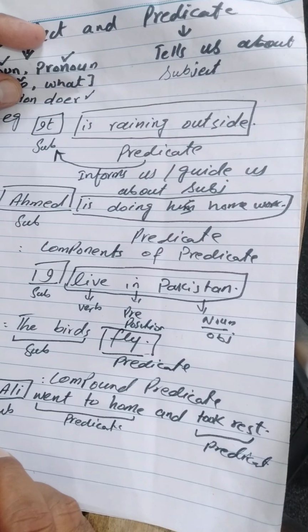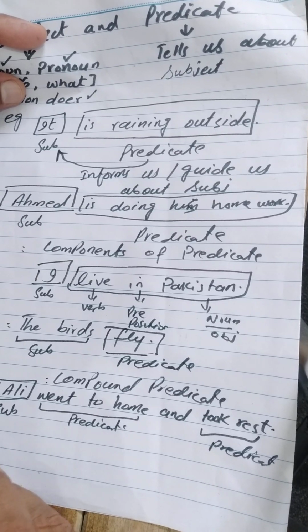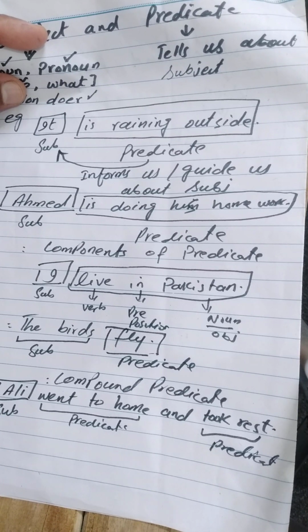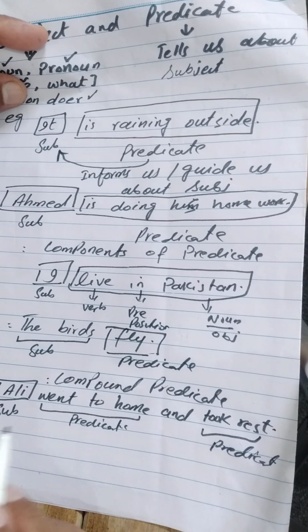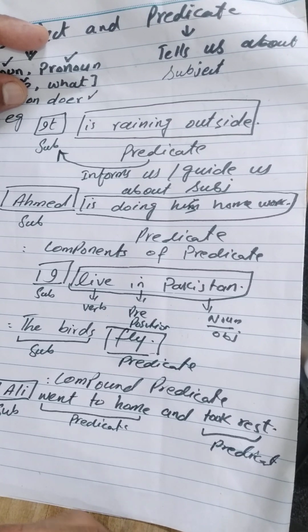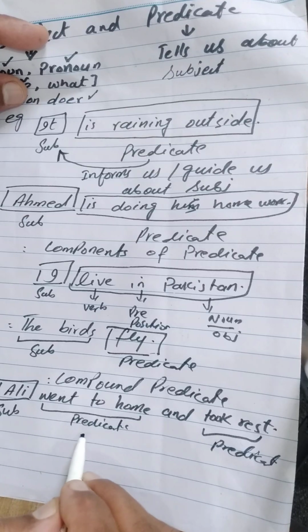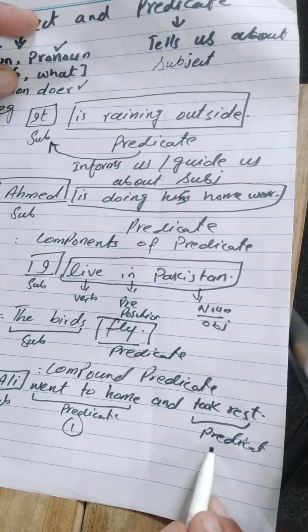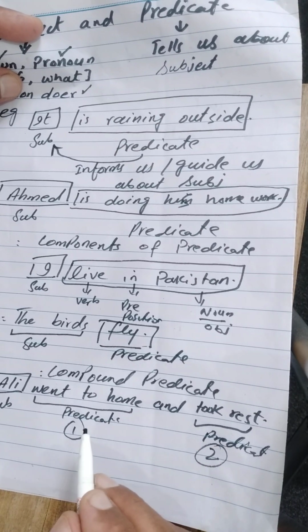So when one subject is doing more than one action, that is a compound. So one predicate, went to home, took the rest, another.